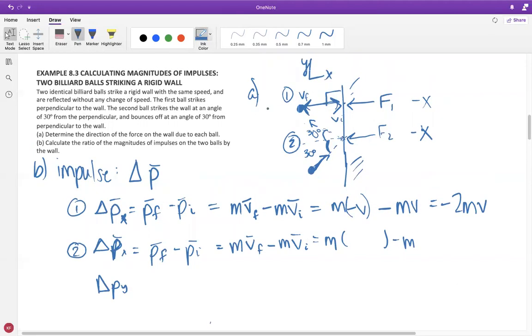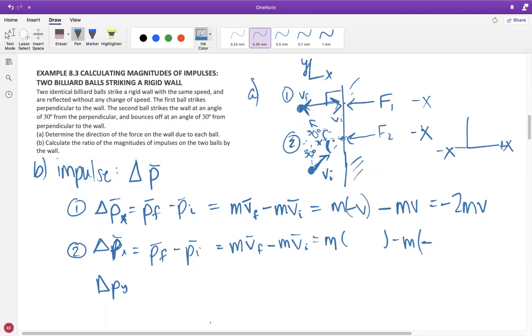Okay. So initially, looking at our diagram here, we have our V initial coming in, okay, at some angle. So let's go ahead and use some trig to figure out our x value here. So that's going to be adjacent, okay, and if you notice, remember that this is the positive x, this would be the negative x. So this is going to be a negative value, okay, so it's going to be negative.